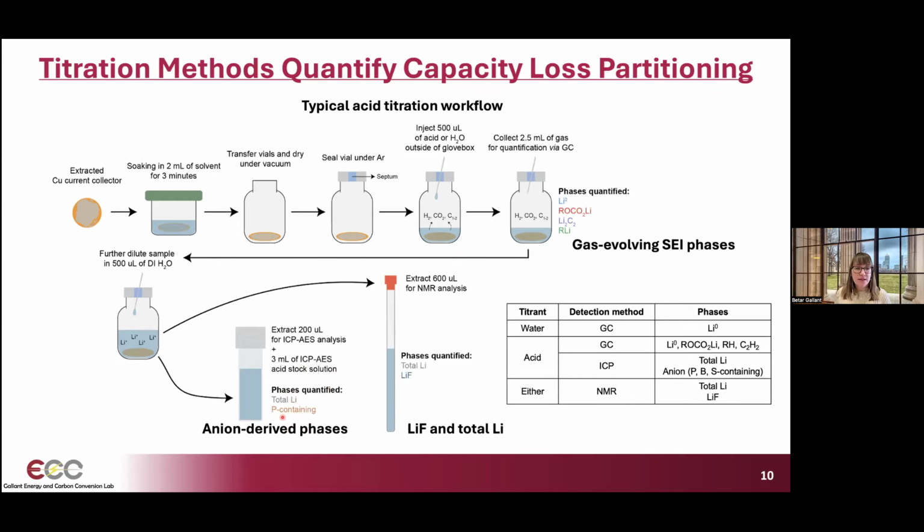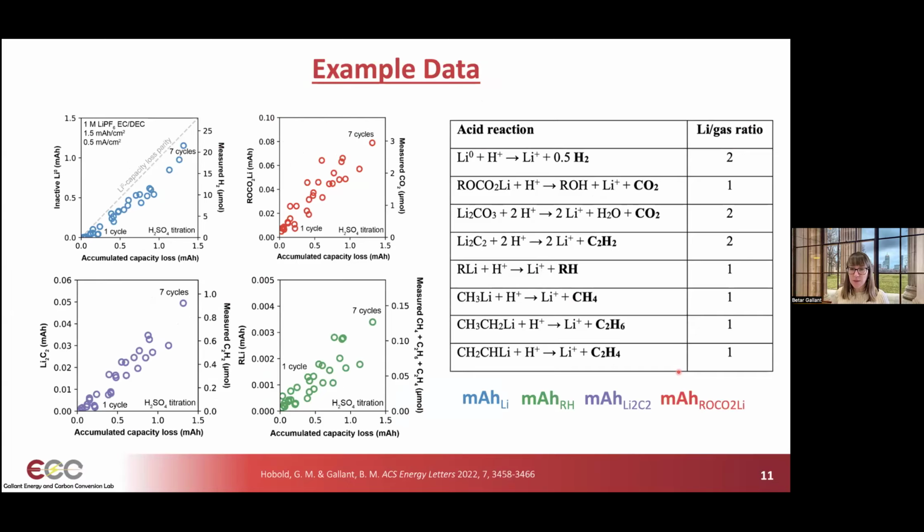We can also use ICP to look at anion-derived phases, and we also do NMR analysis to quantify the lithium fluoride present in the original sample. So the key point here is that with known stoichiometry between the generation of these phases and the amount of lithium consumed to have them originally exist in the SEI, we can really expand the amount of capacity loss attribution that we're able to do.